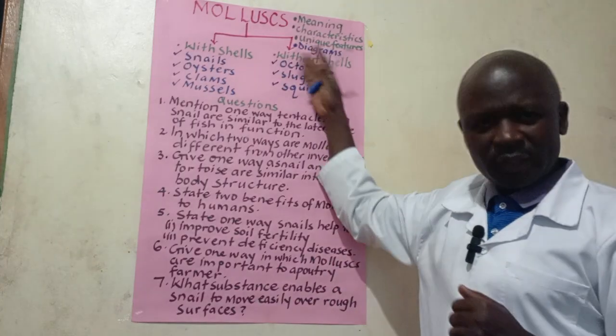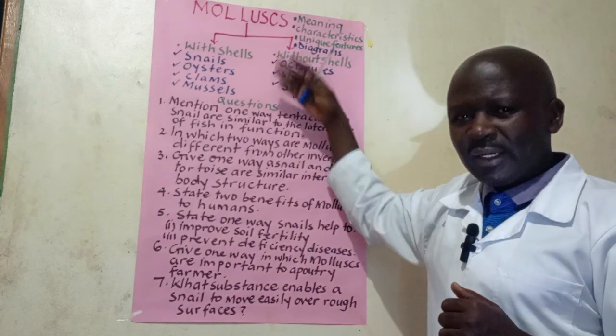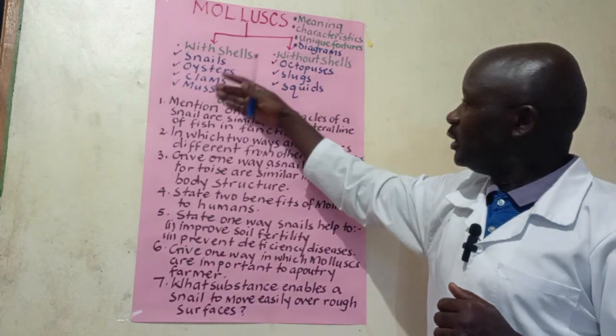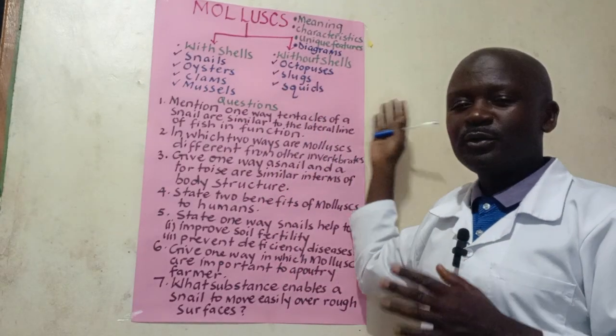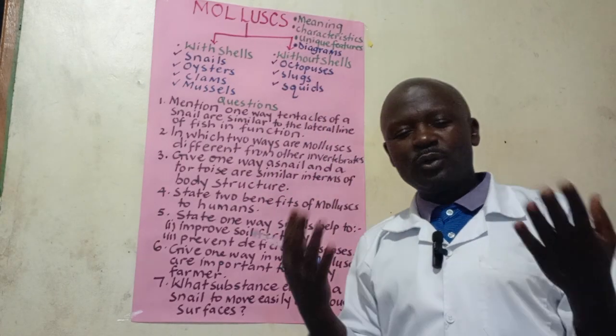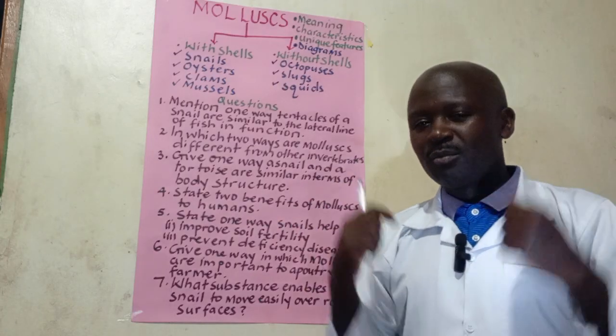You can give the meaning and characteristics of mollusks, then you go to this concept map, you show learners mollusks with shells and those without shells. Then you can look at the illustrations or the diagrams of common mollusks.